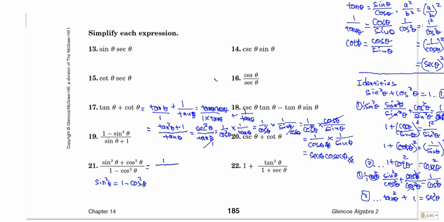So 1 minus cosine square theta is actually equal to sine square theta.